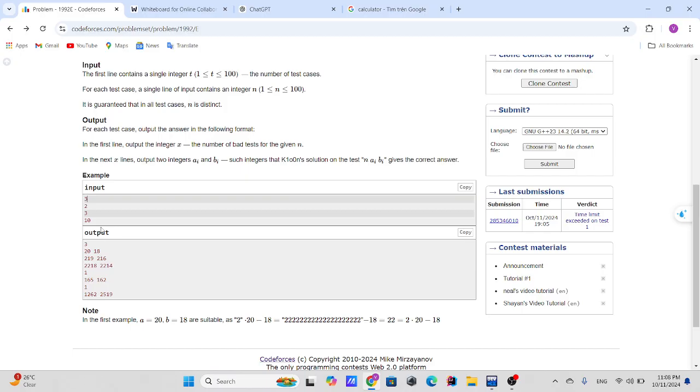Two, three, two, three. There must be a formula for this one.